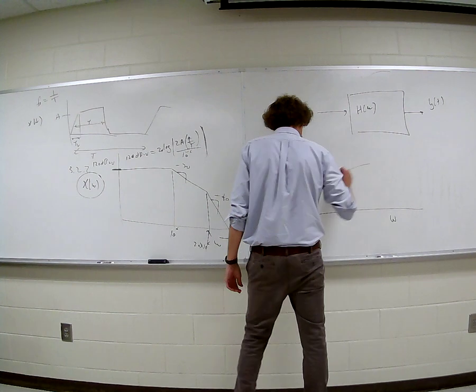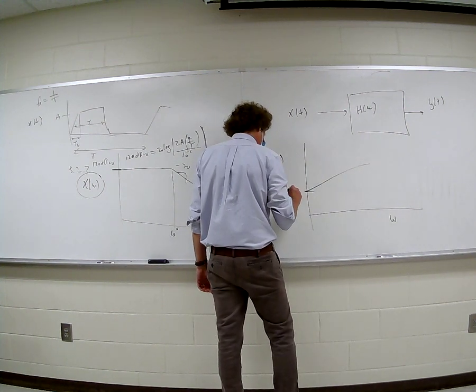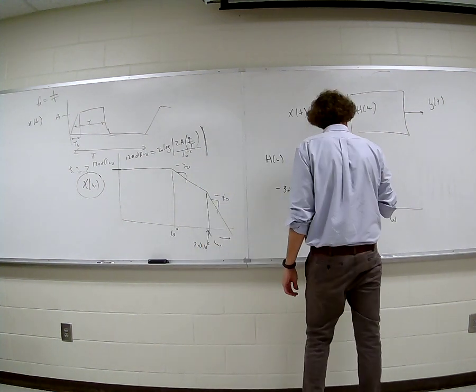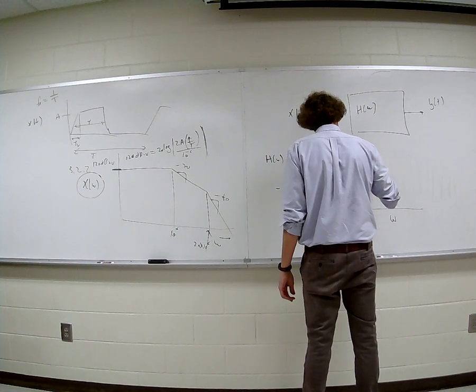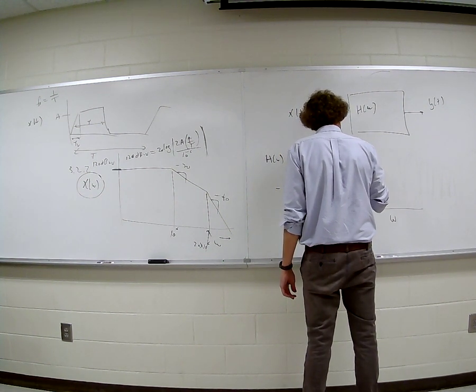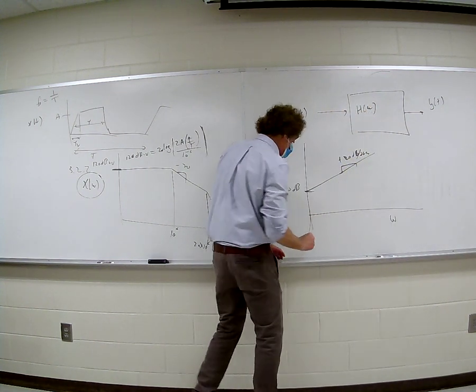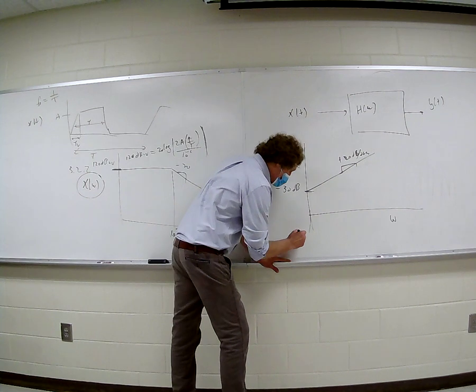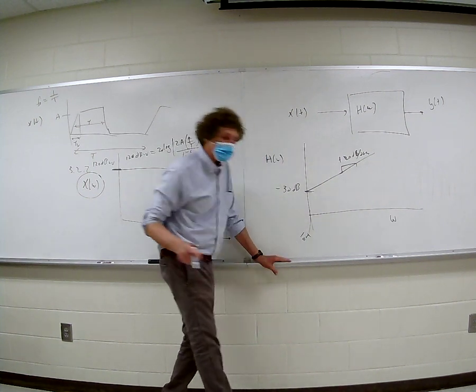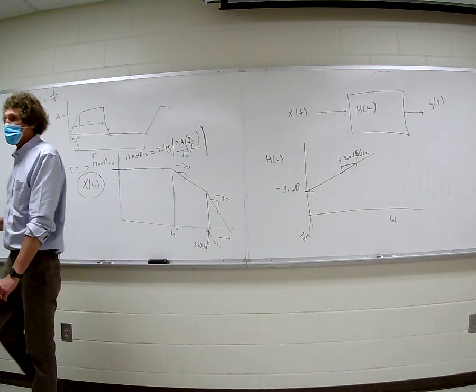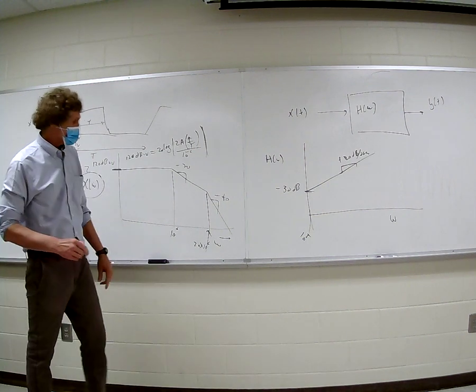It starts at minus 30 dB, and it goes up. The slope of this thing is going to be plus 20 dB per decade. And what's the lower frequency? It's 10 raised to the 5th. So it's a tenth of a megahertz. With me? This is versus omega 6, so it's 10 to the 5th.